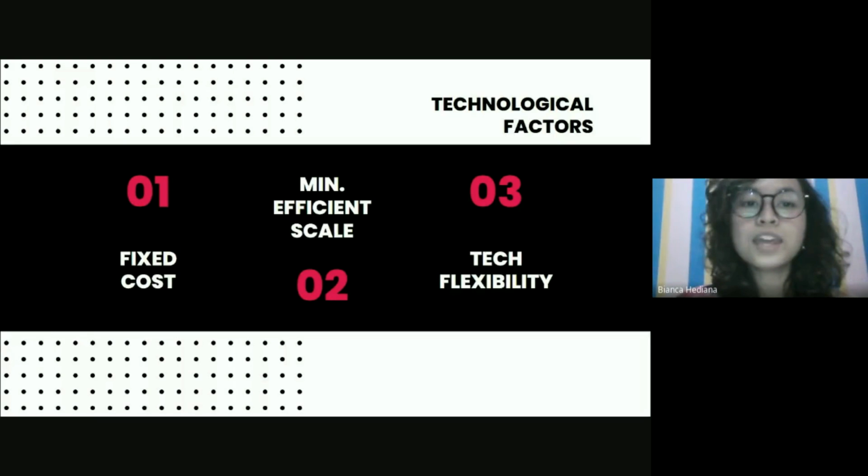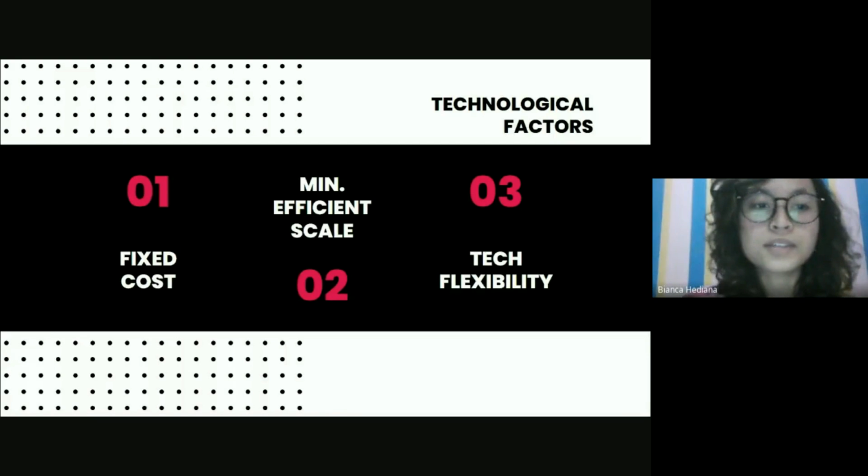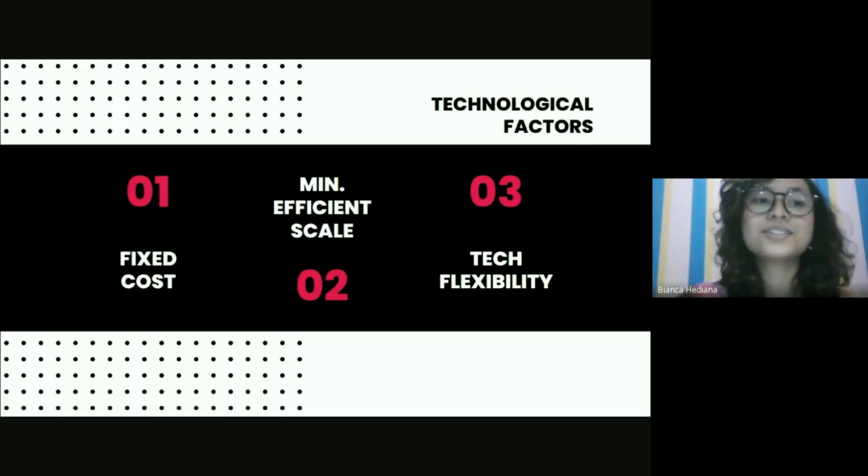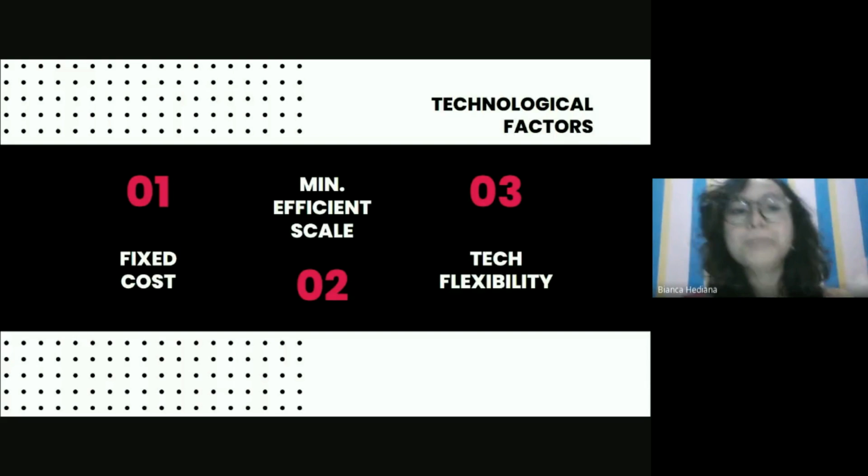This holds only if the increased local responsiveness more than offsets the cost disadvantage of not concentrating manufacturing. With the advent of flexible manufacturing technologies and mass customization, such a strategy is becoming less attractive. In summary, technological factors are making it feasible and necessary for firms to concentrate manufacturing facilities at optimal locations.